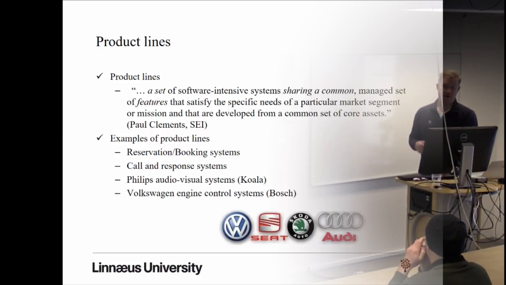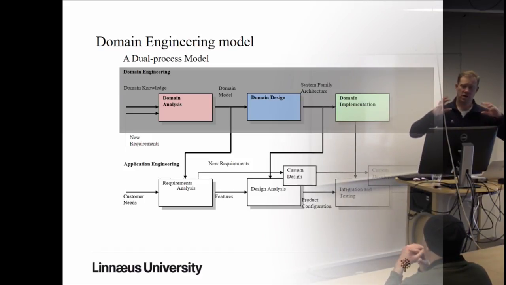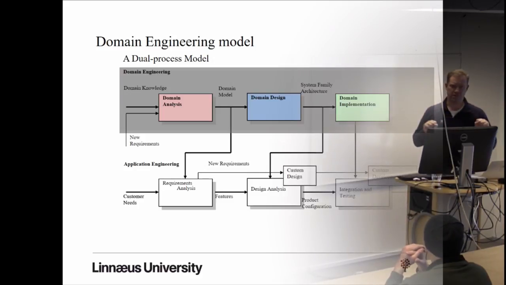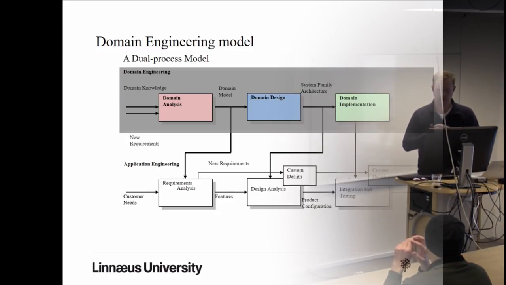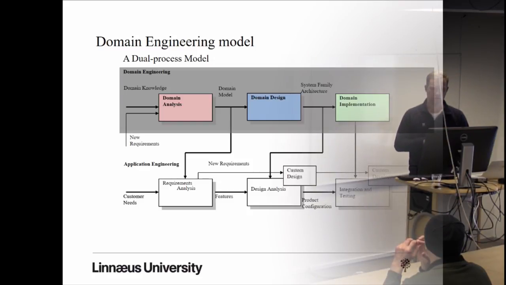So if we look at this from a process model perspective, you see that, well, we have the domain engineering. That's when we engineer for the red box, for the domain we're addressing, for the common assets that are shared among the products in our range.